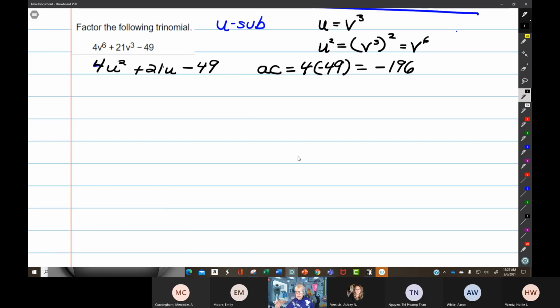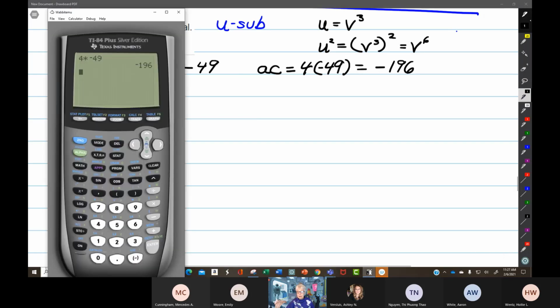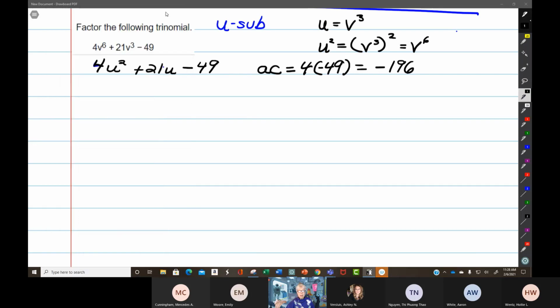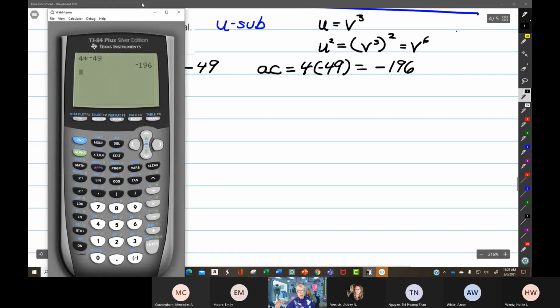Okay, I think that is big enough for us to use the calculator. I'm going to Y equals, clear. This time I'm going to say negative 196 divided by x.